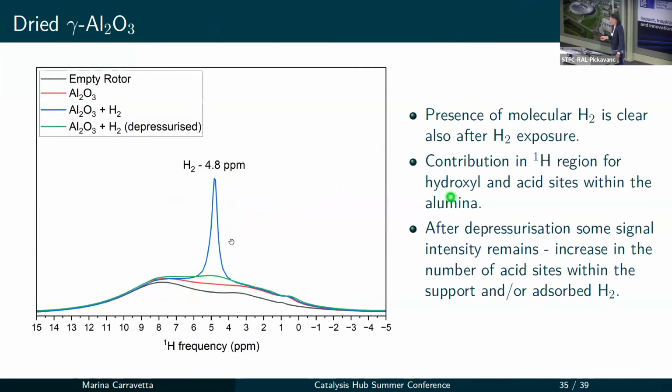And that could be a contribution from hydroxyl and acid sites forming on the alumina. And this is not reversible because also after the depressurizing, some of these signals remain. But so far we have no evidence of any hydrides.